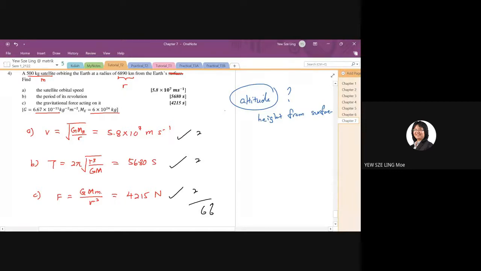So if you don't understand the meaning of altitude, then there's a very high possibility that you couldn't answer these questions. So altitude means it's above the surface. I give you 2 minutes to write it down, and then we will proceed to UPS questions. Let me find the UPS question first.